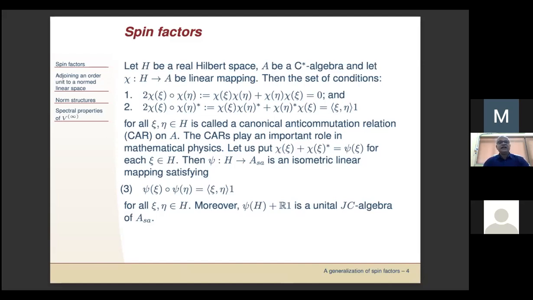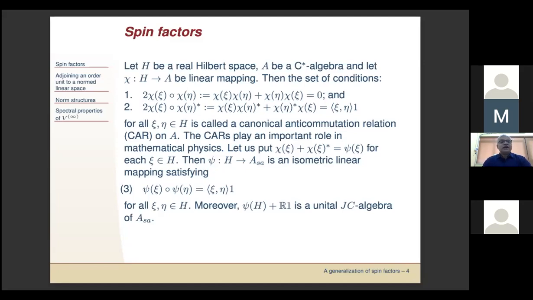We begin with a real Hilbert space H and consider a C* algebra A, and assume that we have a map chi from H to A, which is linear and satisfies 2 conditions: twice the symmetrized (Jordan) product of chi xi and chi eta is 0, and the symmetrized product of chi xi with chi eta star results in the inner product of xi and eta multiplied with the identity operator.